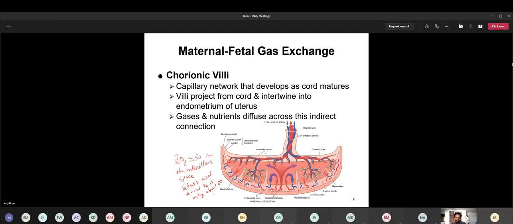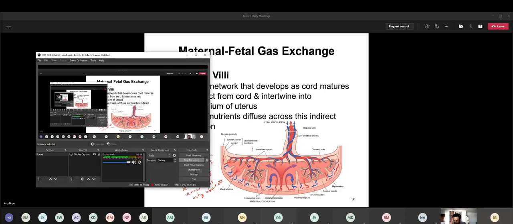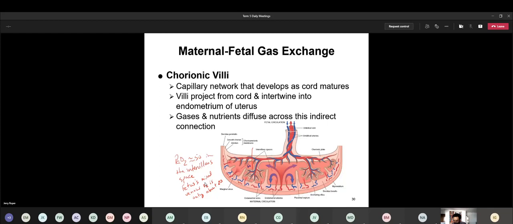So this is how gas exchange is going to take place out here in the placenta, because if there's 50 here, and then here is 20, you already see the gradient.